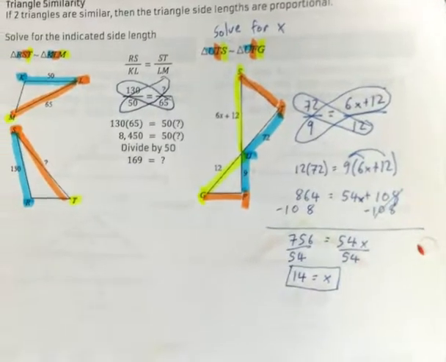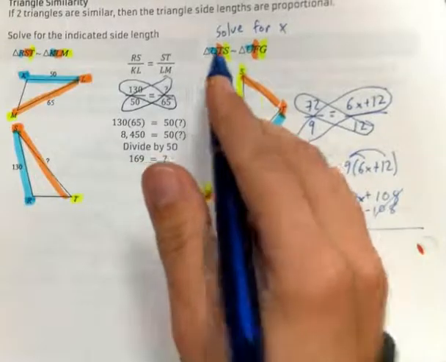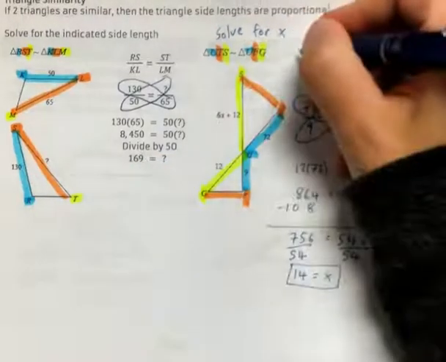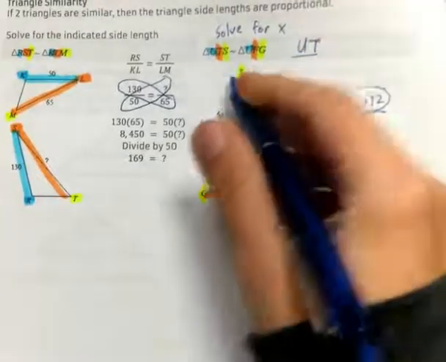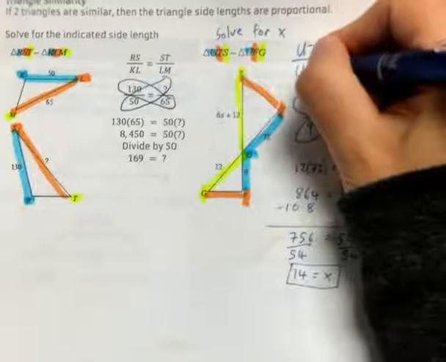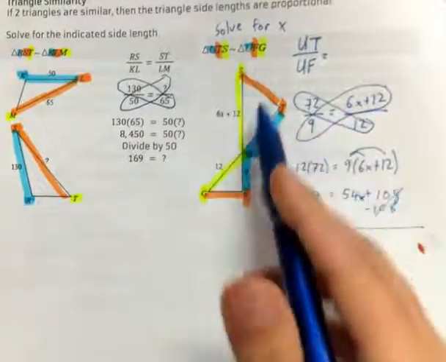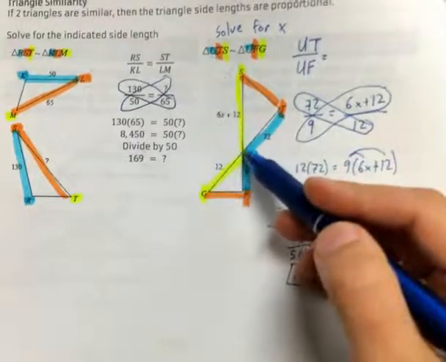Okay. Now, important thing is if you do not have the colors, then you follow your letters, okay? U, T, see how the first two letters UT over UF is equal to, we don't have anything on these oranges, so instead we have to ask, oh, what is this side?